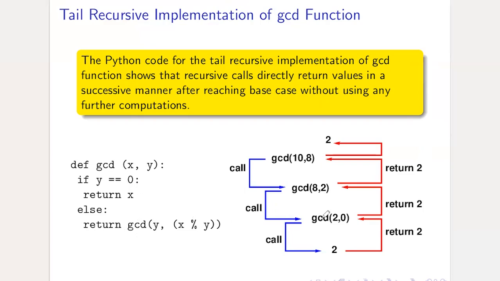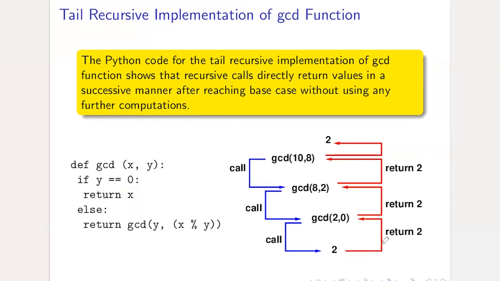So you again call GCD, and here 2 becomes the first one, and 8 divided by 2 cleanly divides, remainder is 0. That is what goes here. And when that call comes here, because y is now equal to 0, it will immediately return 2. That means the first parameter value x gets returned as a result.